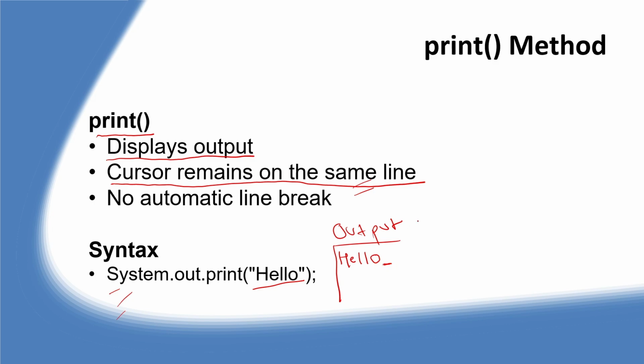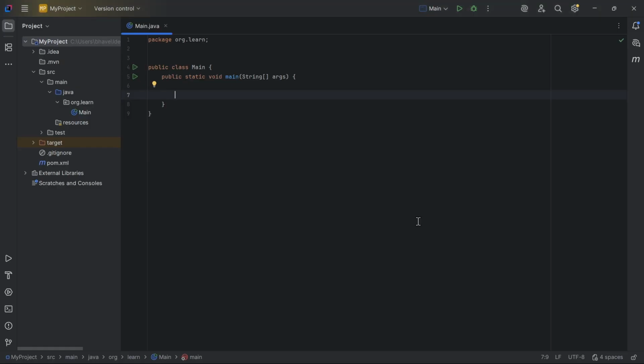So let's go to IntelliJ and see an example of the print method. We are learning the print method. If we apply the shortcut using sout, we get System.out.println, but we don't need that.